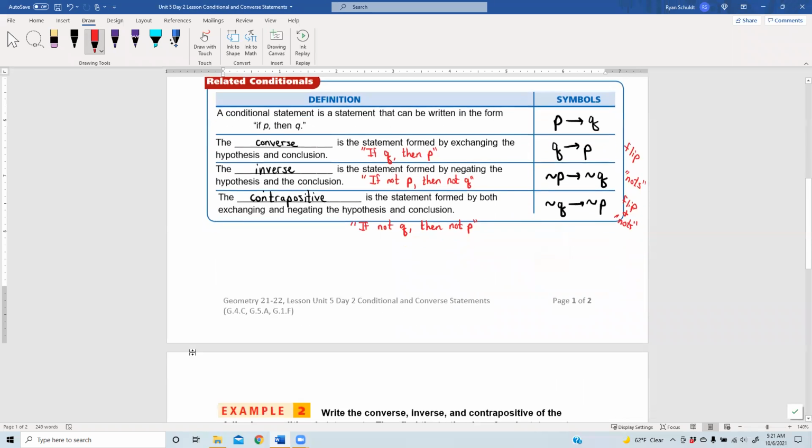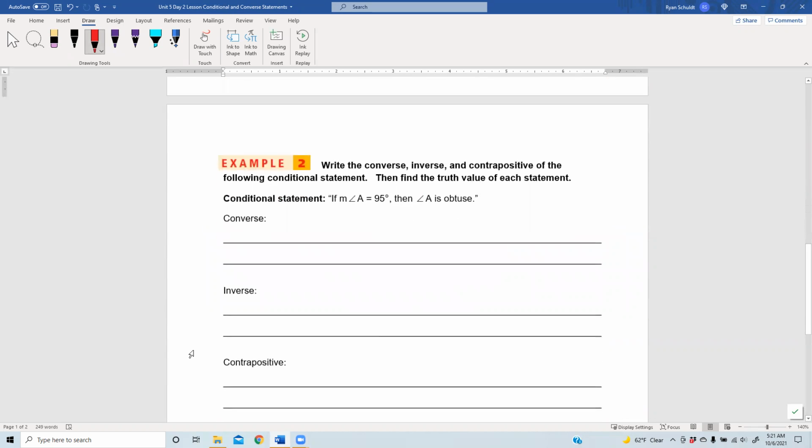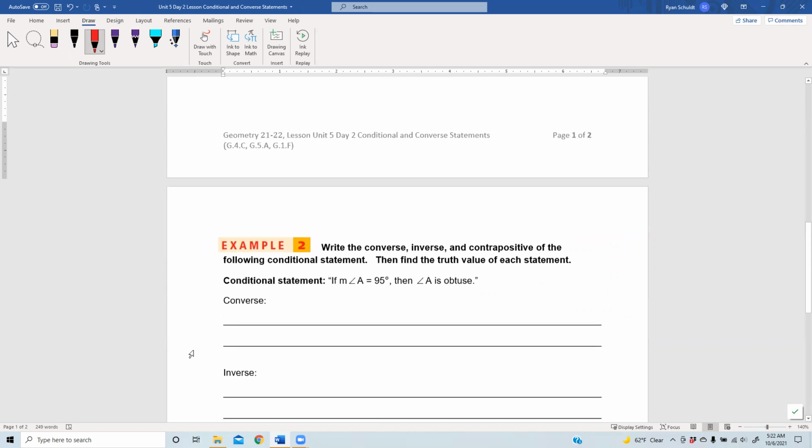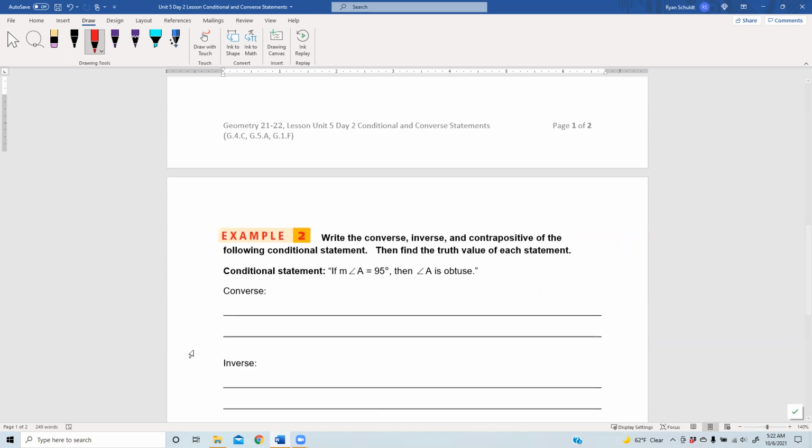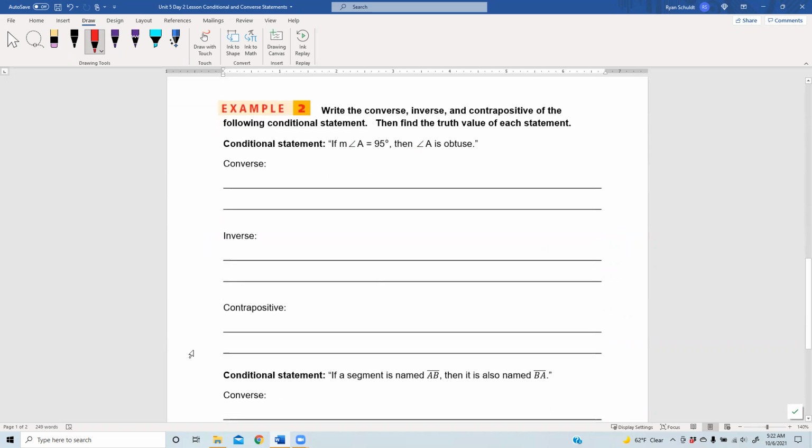Okay. So now let's look at a couple of examples. When we do these, the first thing I want you to do is identify your hypothesis and your conclusion. That's the very first thing we need to do. So for this example, we have to write the converse, inverse, and contrapositive of this statement. Then we have to go through and find the truth value of each. The first one says, if the measure of angle A is 95 degrees, then angle A is obtuse.